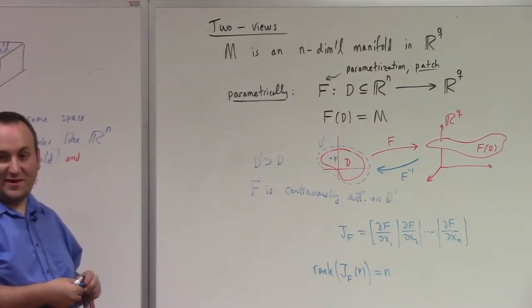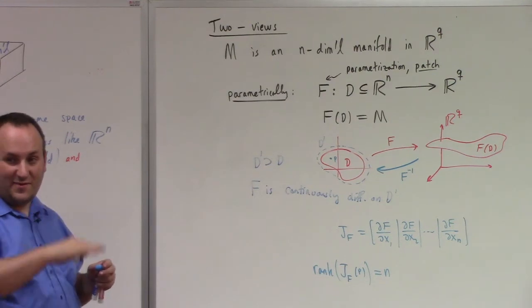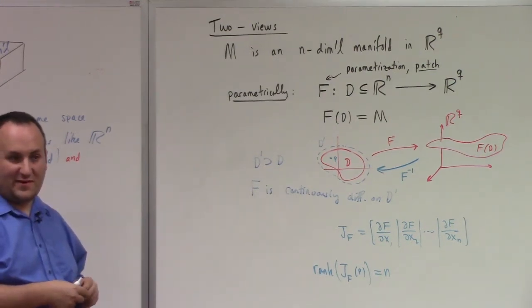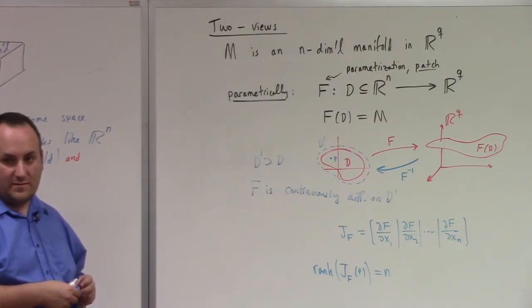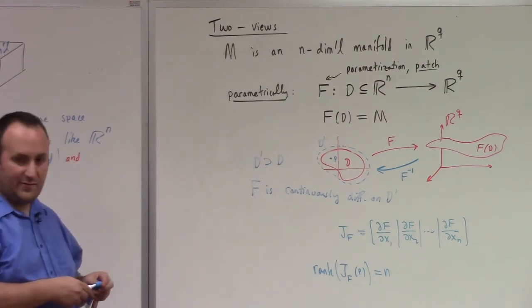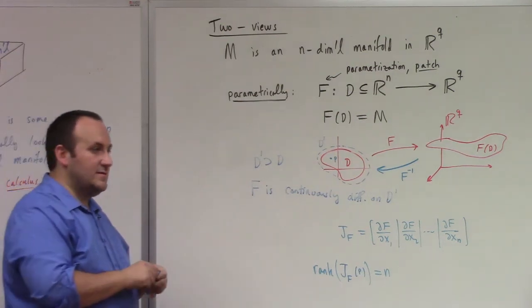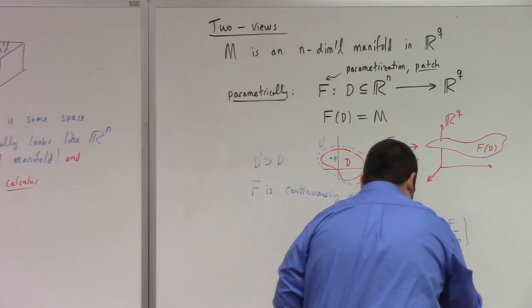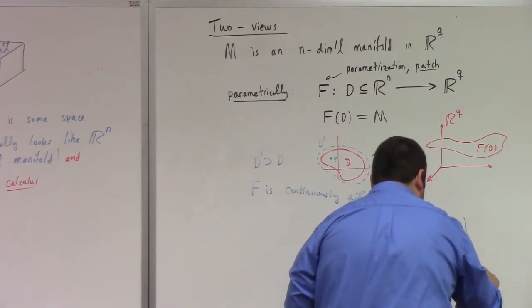That's a funny thing in linear algebra: the number of linearly independent rows is equal to the number of linearly independent columns. It's part of the magic of Gaussian elimination. That's why Q has to be at least n, because otherwise we couldn't have rank n. Yes, Q must be greater than or equal to n, clearly.